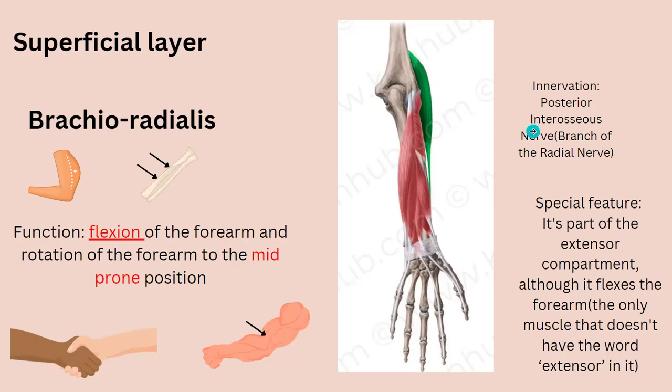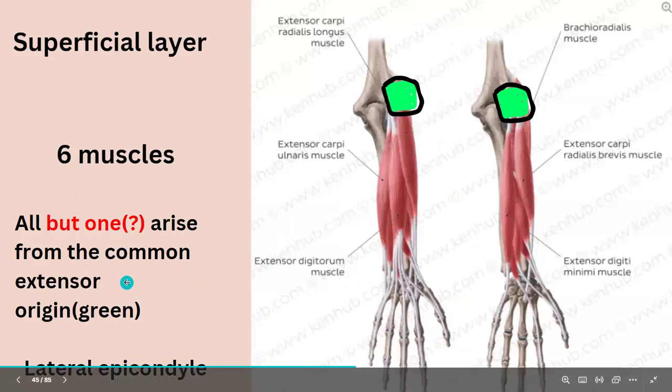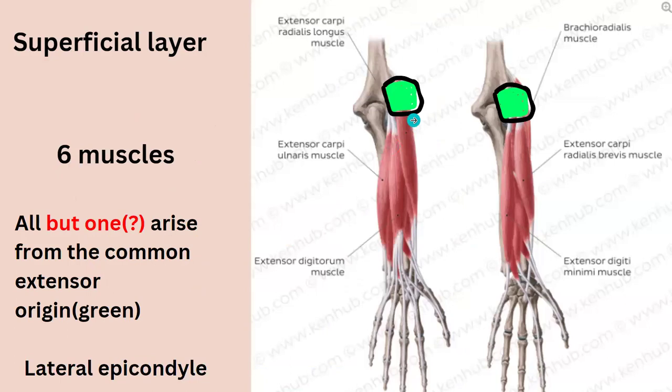The innervation is the posterior interosseous nerve, a branch of the radial nerve, visible right here. It's also important to notice that the brachioradialis does not arise from the common extensor origin. All the muscles of the superficial posterior compartment of the forearm arise from the common extensor origin, except the brachioradialis.